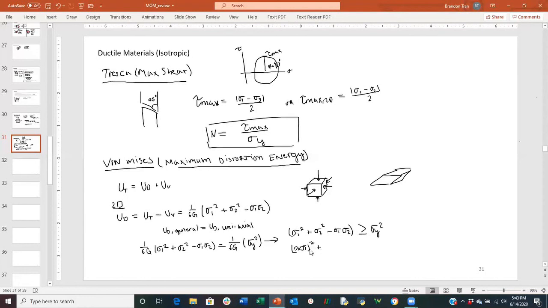Lambda, by the way, is our safety factor. So imagine lambda is some value that would make the stress expression equal sigma y squared. That's essentially the whole philosophy.